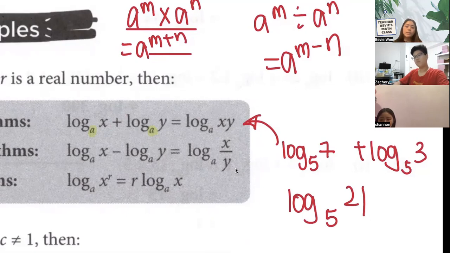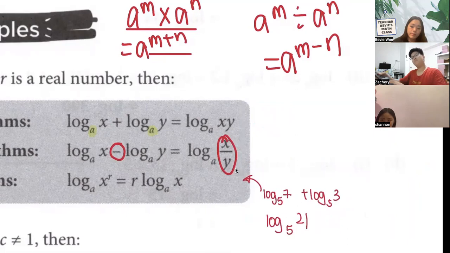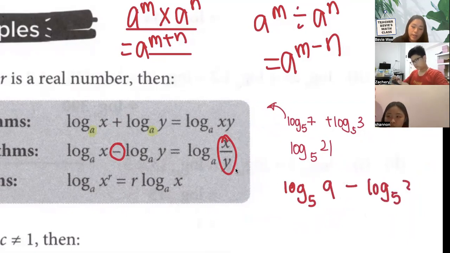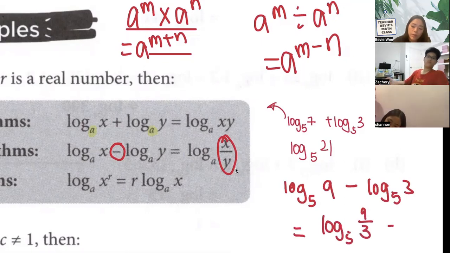So likewise, for quotient law, it's the same thing. This is a minus, this is a divide. Okay, so if I have log 5, 9 minus log 5, 3, that gives me log 5, 9 over 3, which is log 5, 3.